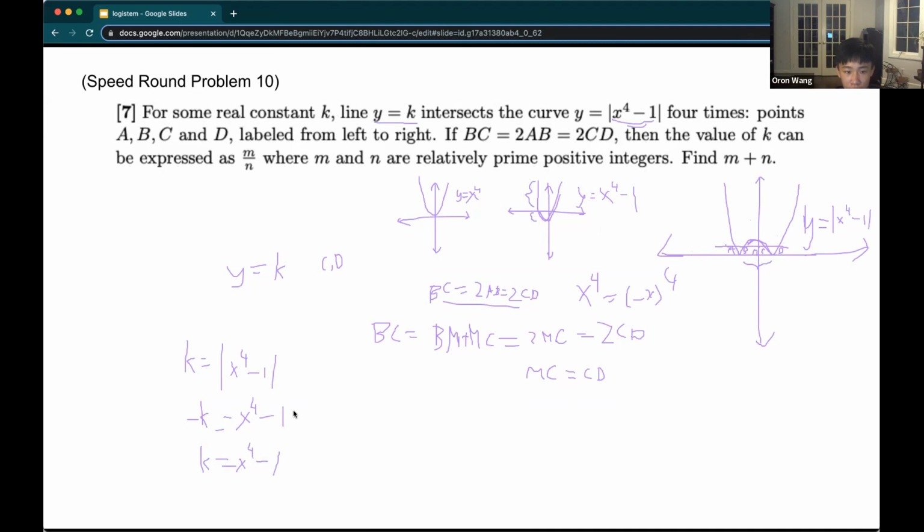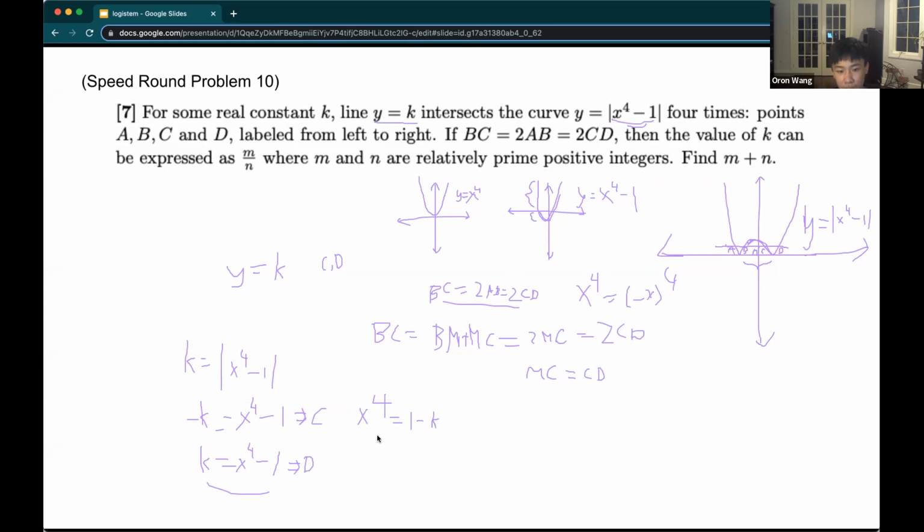So that means that this is where C comes from. This is where D comes from. Since if you just remove the absolute values, that equation would look like the equation for D. And if you remove the absolute values in the graph, then D would still be the same point, but C would not. So let's look at the solution for each of these. For C, we get that x to the fourth equals 1 minus k.